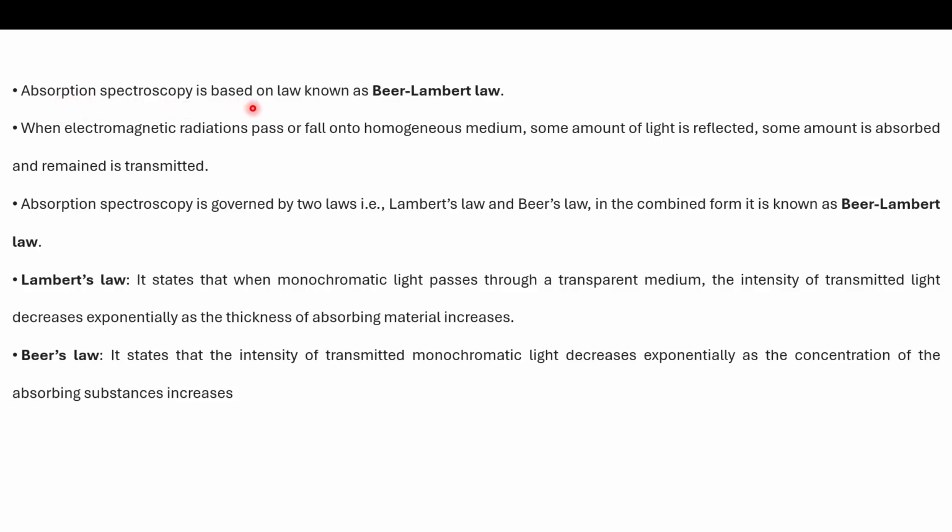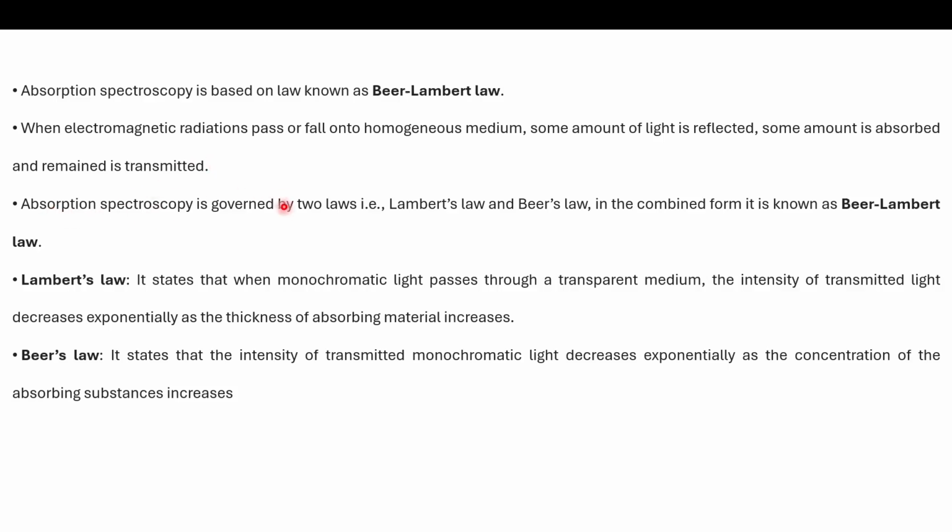So absorption spectroscopy is based on the Beer-Lambert law. When electromagnetic radiation falls onto a homogeneous medium, some amount of light can be reflected, some can be absorbed, and the rest of the radiation can be transmitted by the matter in question.